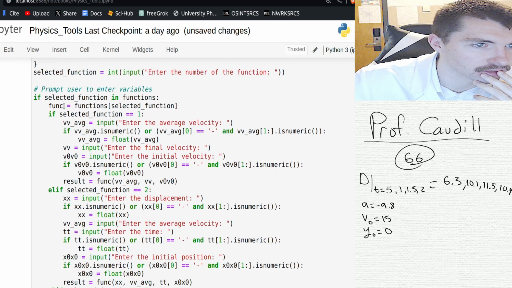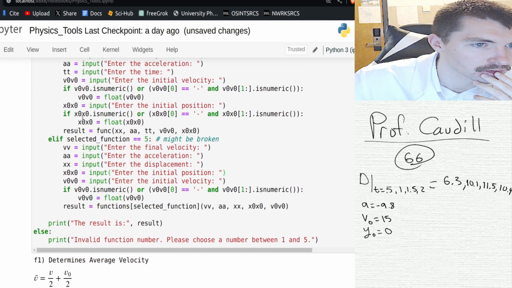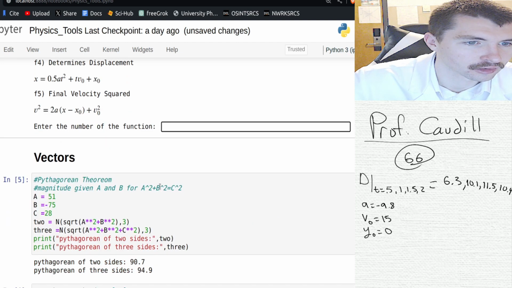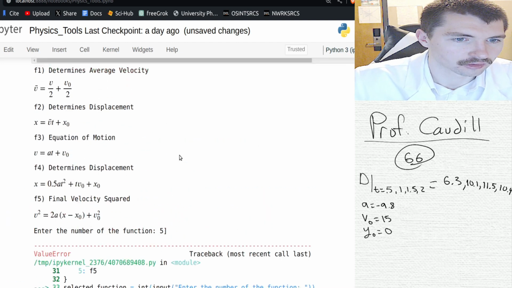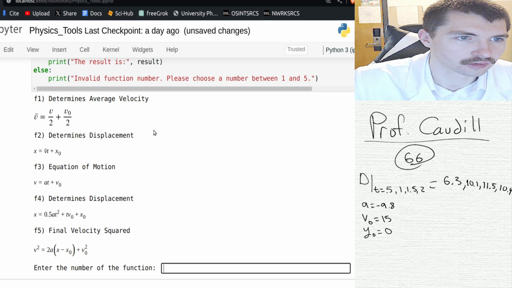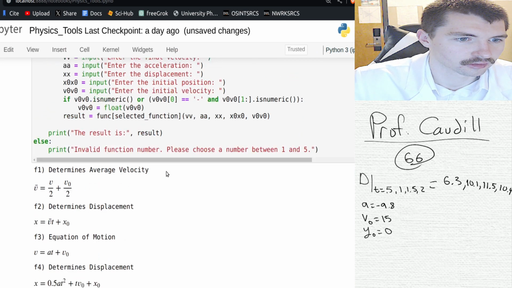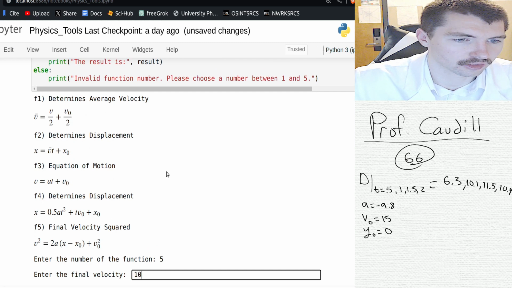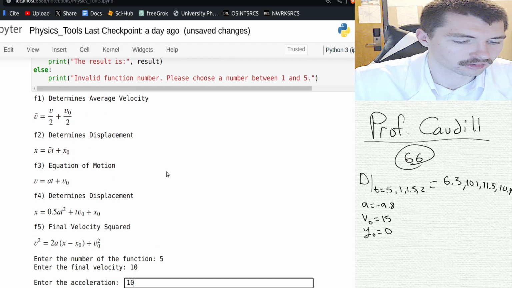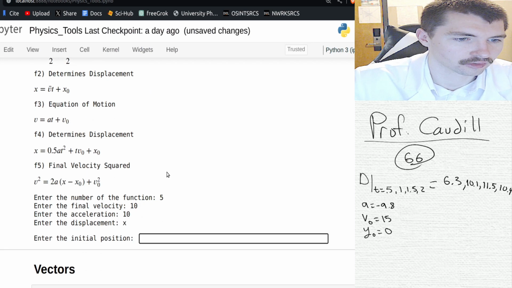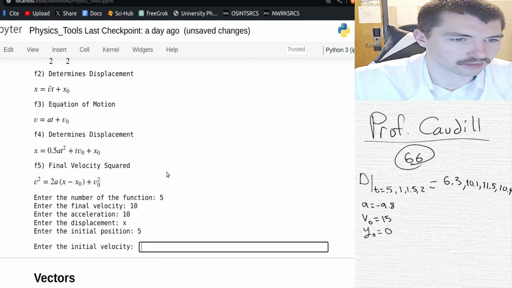Func is selected functions. Okay, so we have final velocity 10, 10, x, 5, 5.